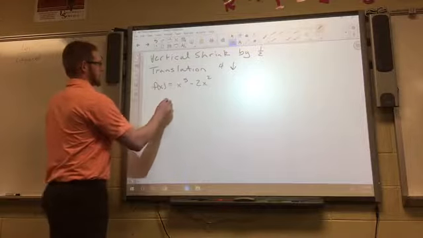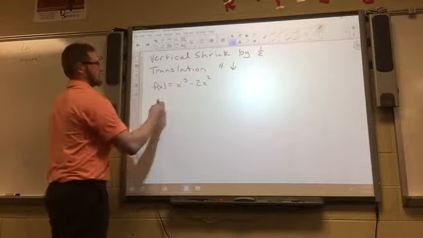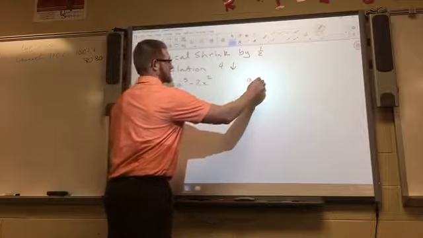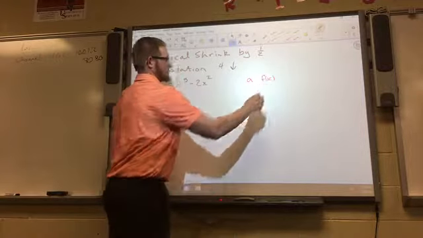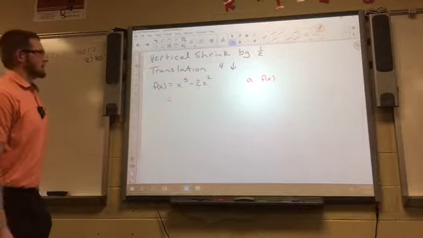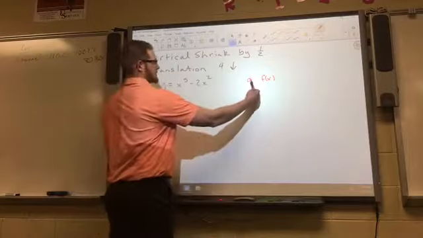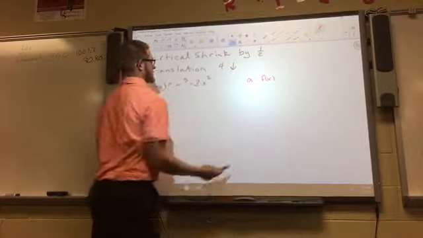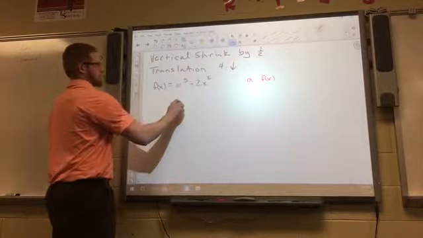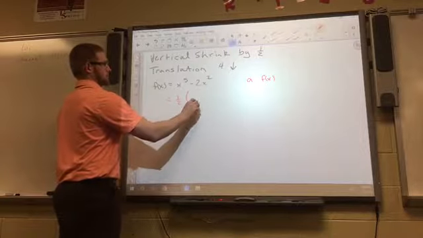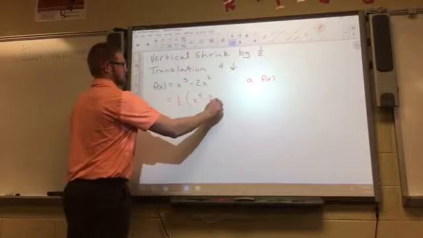So, I need to take this function. I think on your sheet it's written like this. That's taking my factor and multiplying it times the entire function. So I'm going to take my factor, which is 1/2, and multiply it times x to the 5th minus 2x squared.